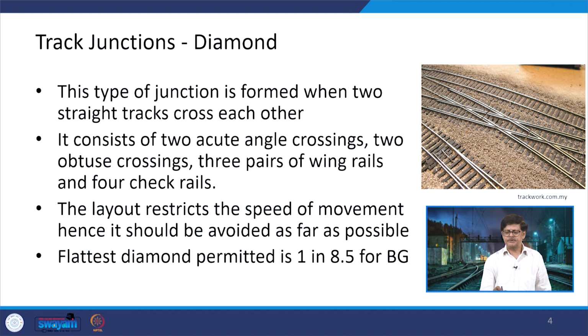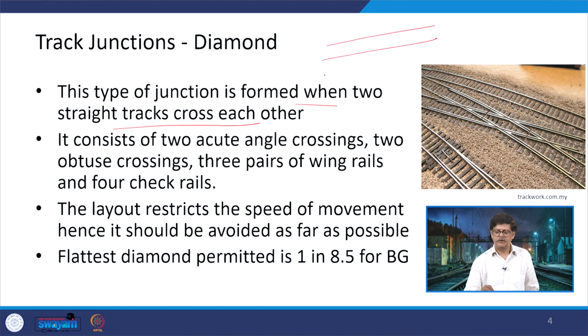Now, this type of junction is found when two straight tracks cross each other. You can see here this is one track and there is another track, and they are straight tracks, there is no curvature, they are just crossing each other. At this point a diamond shape crossing gets created, and this is the reason why it is called a diamond track junction.